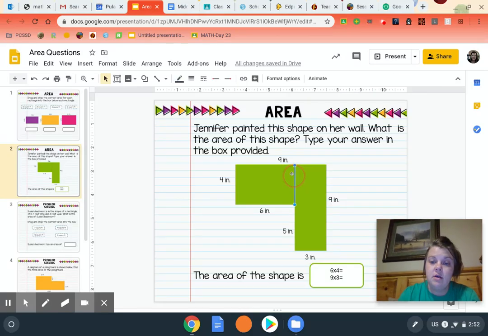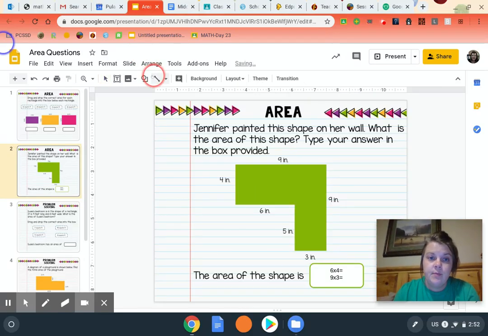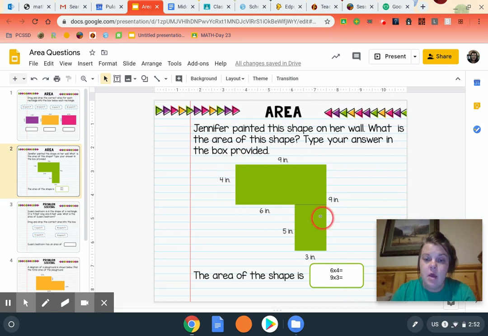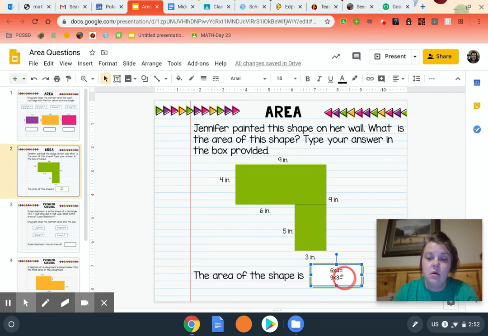You could also split this polygon here. And in this case, you'd have 9 times 4 and then 5 times 3. So it depends on where you split it what your multiplying is going to look like.